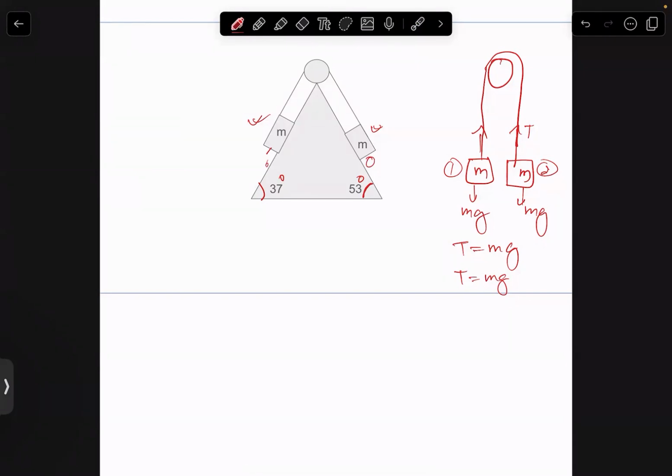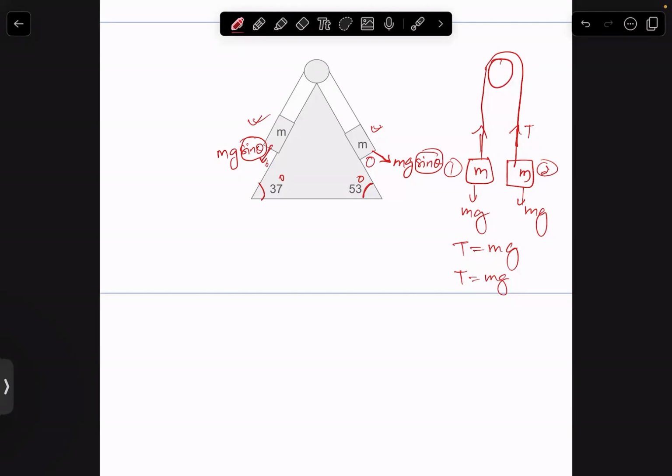We have seen when we resolve, there is this component mg sine theta acting over here, and here also mg sine theta is acting, right? So the sine theta is going to play a greater role in determining whether the whole block is going to stay in equilibrium or move towards left or right.